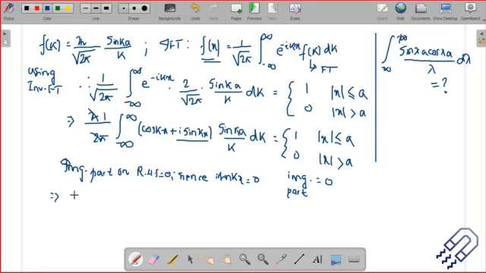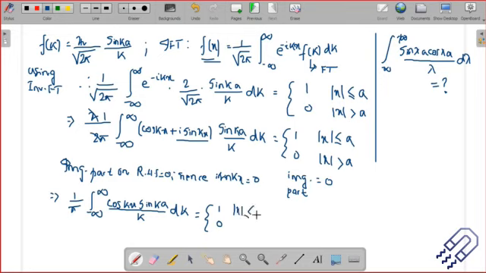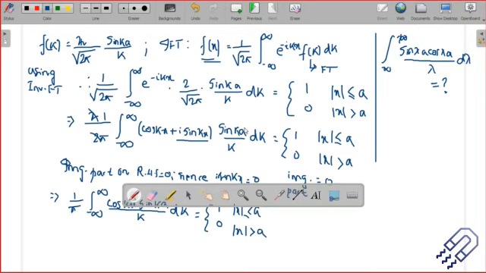So again, it becomes more simplified. I will simply have 1 divided by pi, integration from minus infinity to plus infinity of cos of kx sine of ka divided by k dk, is equal to 1 for mod x less than or equal to a, and 0 for x greater than a. Now you see, it's very simple. I hope you understand it now.